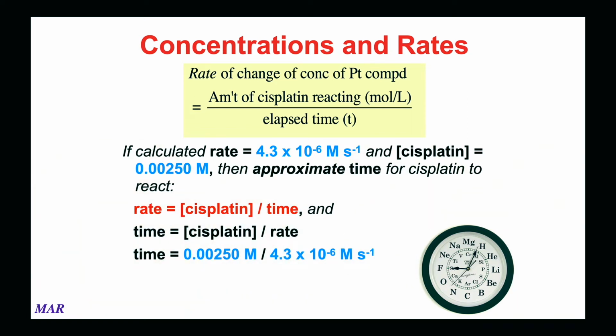So you take the concentration you start with and divide it by the rate. There's lots of rates, and you could see the rates change. But overall, if you want a rough guide as to how long it's going to take, it's concentration divided by the rate. Make sure molar divided by molar cancels out. 1 over second on the bottom becomes second on the top. This reaction is going to take 581 seconds, roughly, to be done.